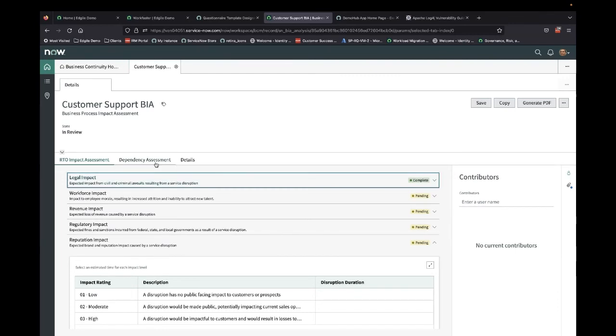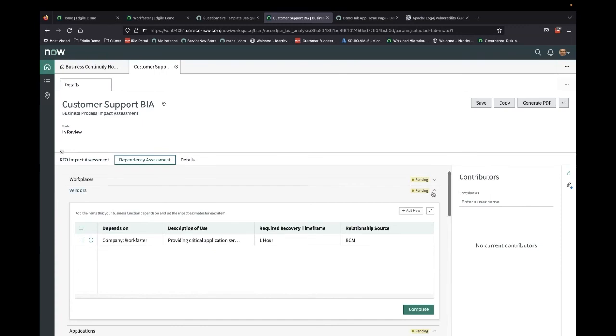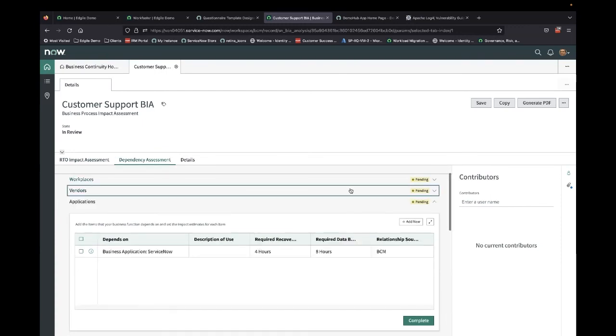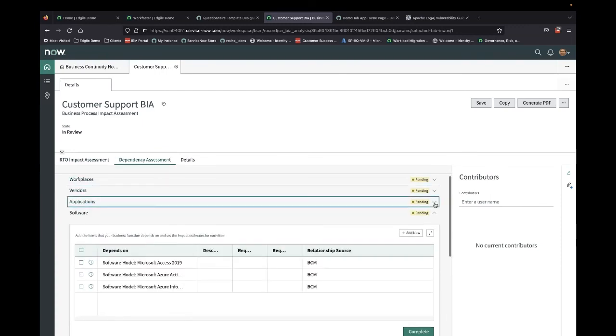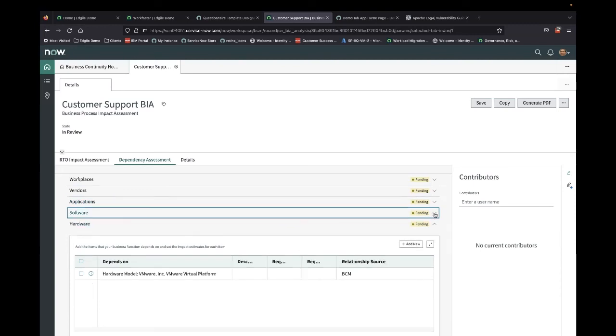Excellent. In addition to, as it relates to these dependency assessments, we were looking at vendors, but we can look at those applications, we can look at software, hardware, whatever makes sense for what we're assessing. And these sort of linkages can help us understand what we would call maybe our crown jewel assets within the organization.